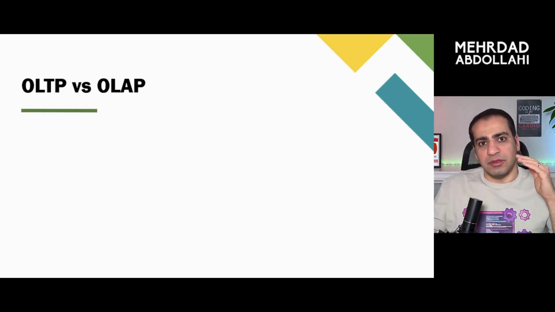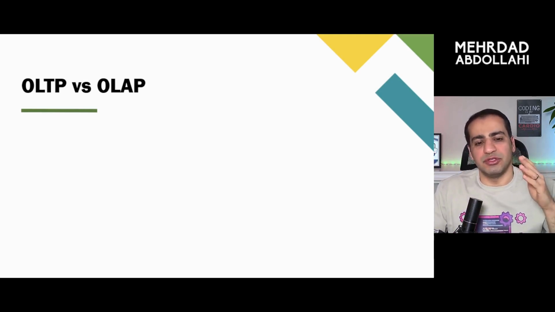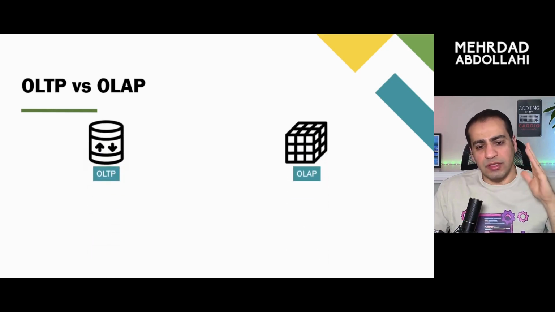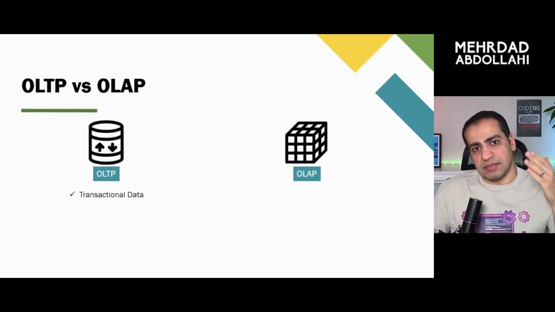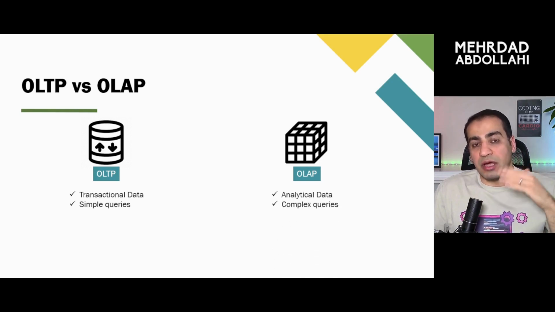We just talked about OLTP and OLAP. Let's have a quick comparison between these two to recap what we discussed. OLTP refers to transactional data, while OLAP handles analytical data. We have simple queries in OLTP systems, while we have to write complex queries in OLAP.